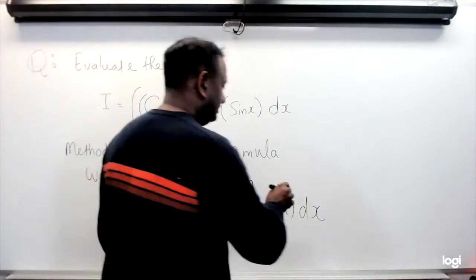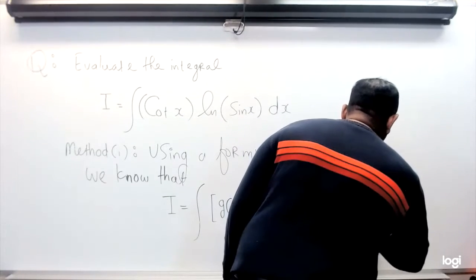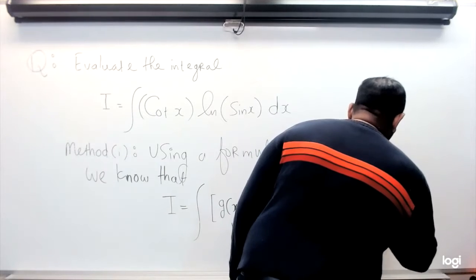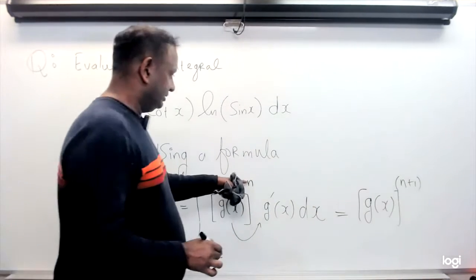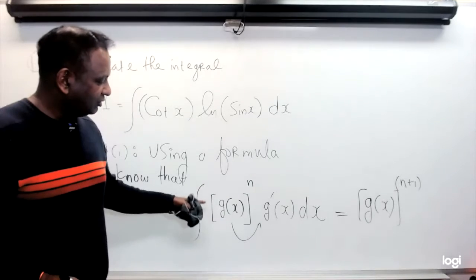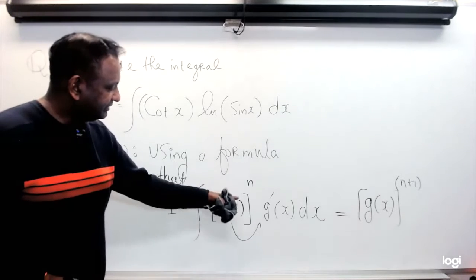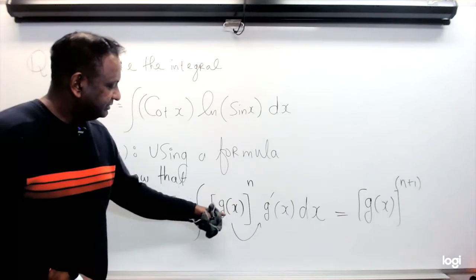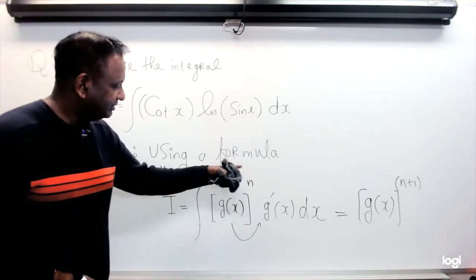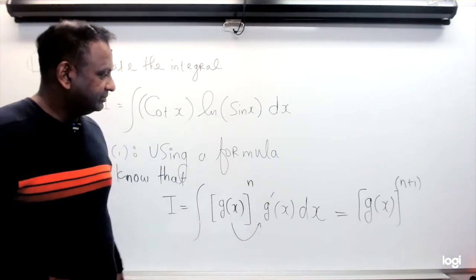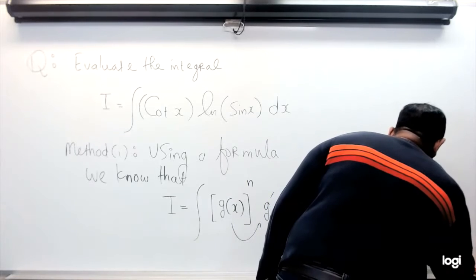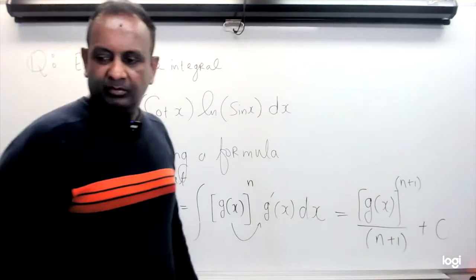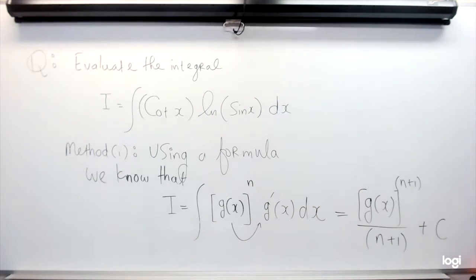Then your answer is g(x) to the power of n plus 1, the power increased by 1 on that composite function, divided by n plus 1, plus c. That's the formula.